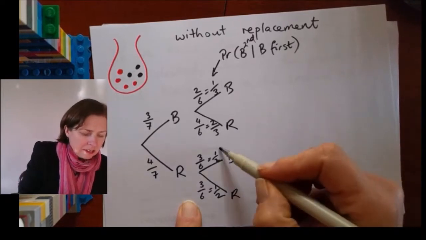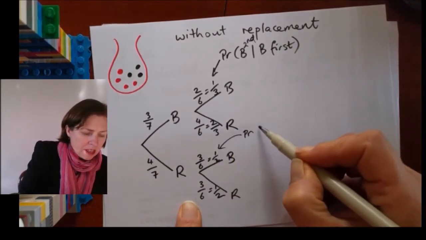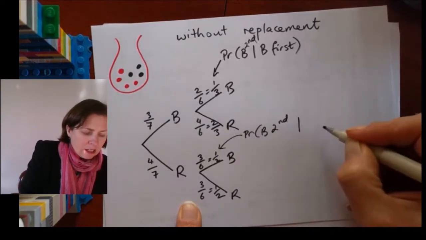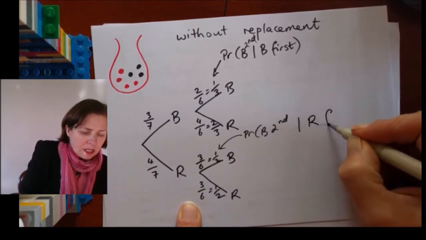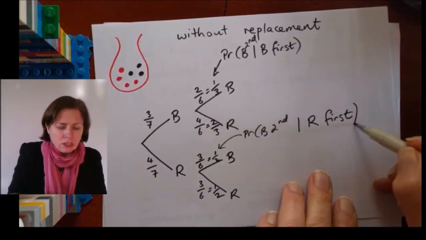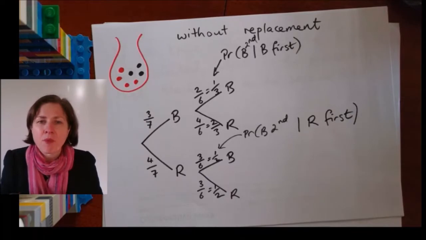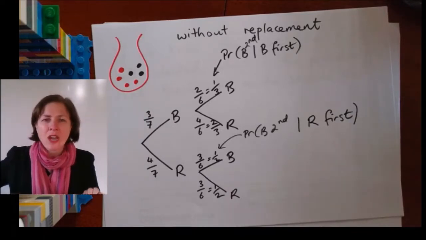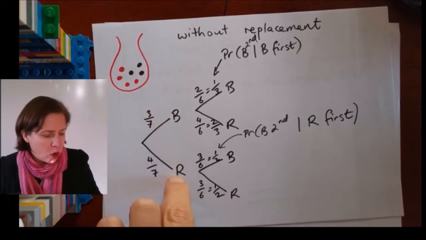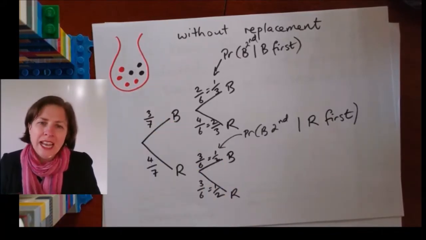And here, this is the probability that black happened second, given that red happened first. Now, this is just notation. Don't worry too much about it. The point is, I can't just say what's the probability of getting black the second time. I need to know what happened first in order to answer that question.